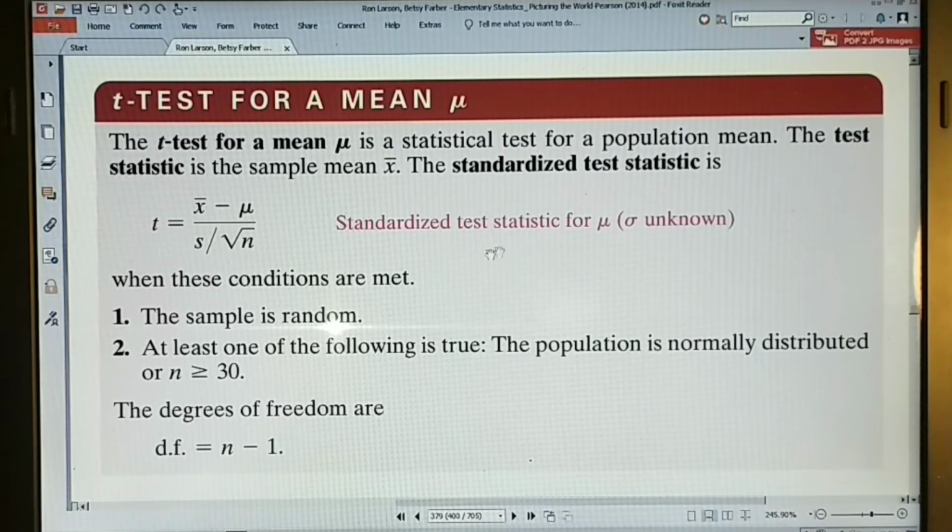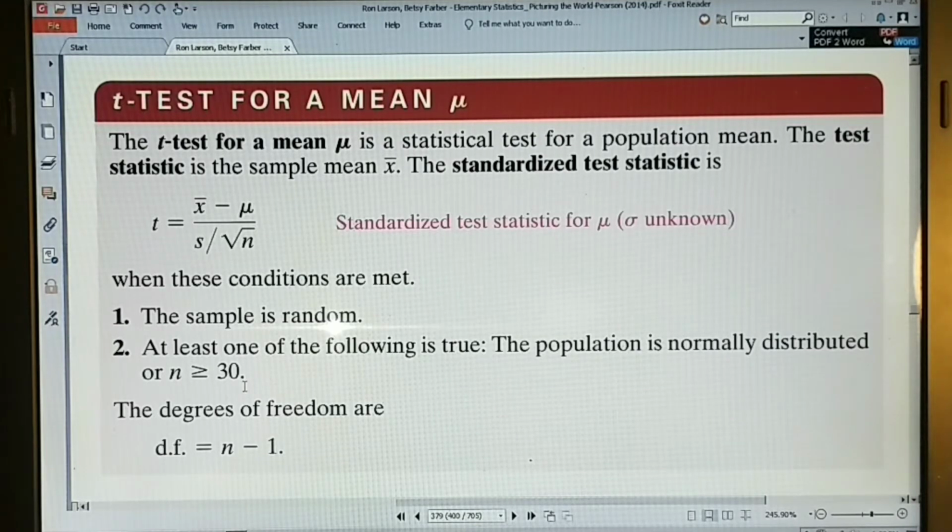Take note, if sigma is unknown, we can use the sample standard deviation to estimate the population standard deviation. And these are the conditions that need to be met. The first one, the sample is random and at least one of the following is true: the population is normally distributed, or the number of samples must be greater than or equal to 30.